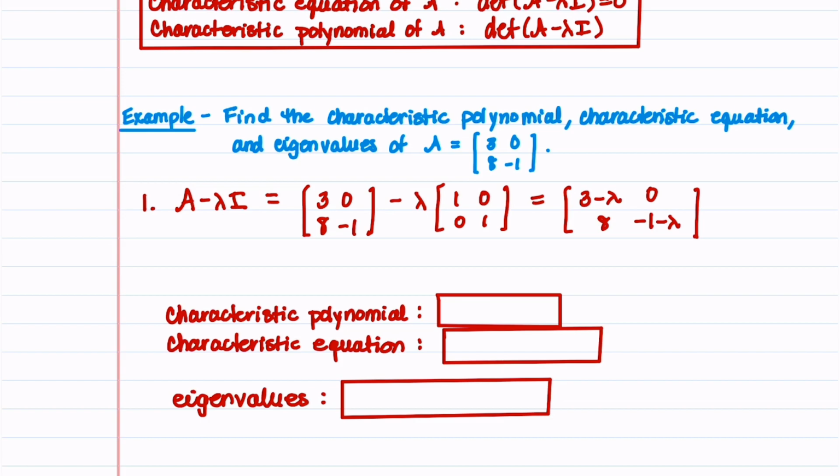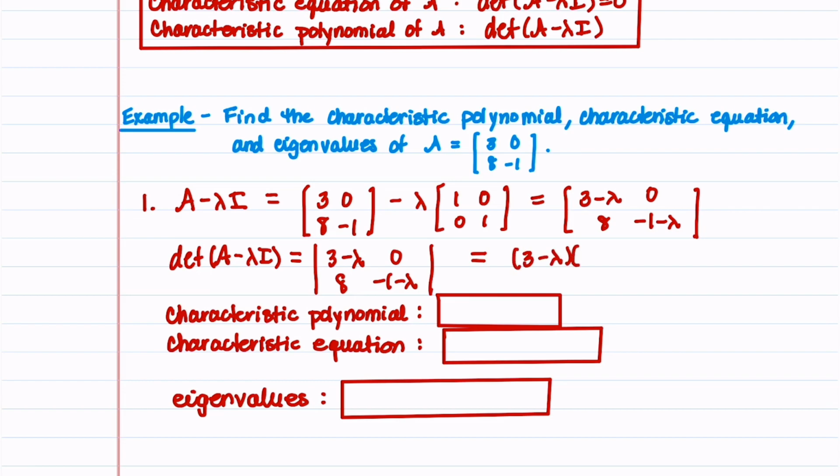Let's now compute our determinant. So our determinant, A minus lambda I, is the determinant of 3 minus lambda, 0, and then 8, minus 1 minus lambda. And our determinant is then 3 minus lambda times minus 1 minus lambda. And that is equal to lambda squared.